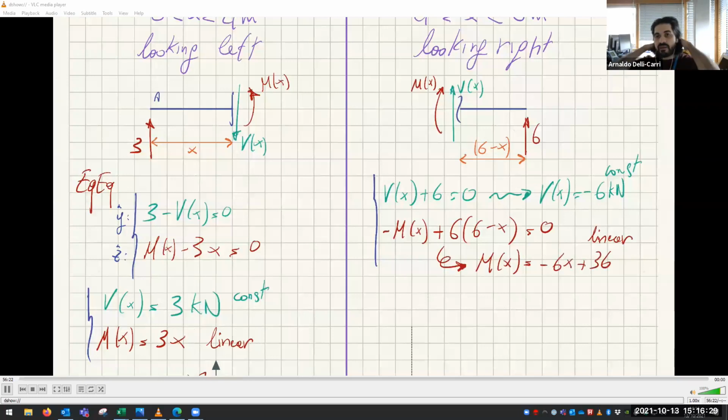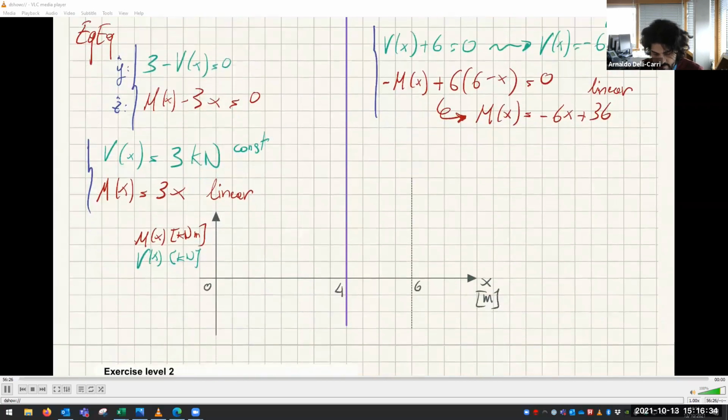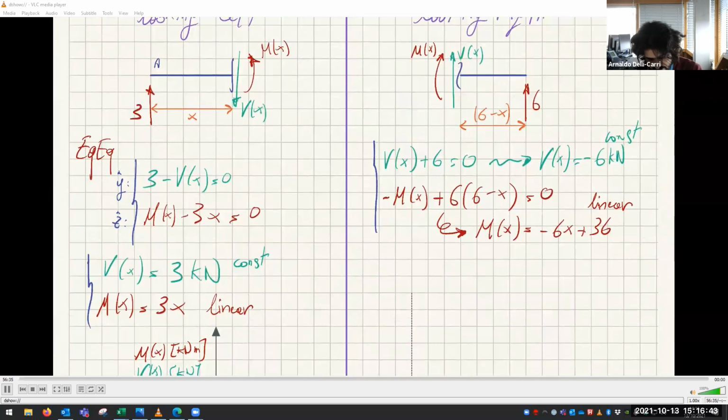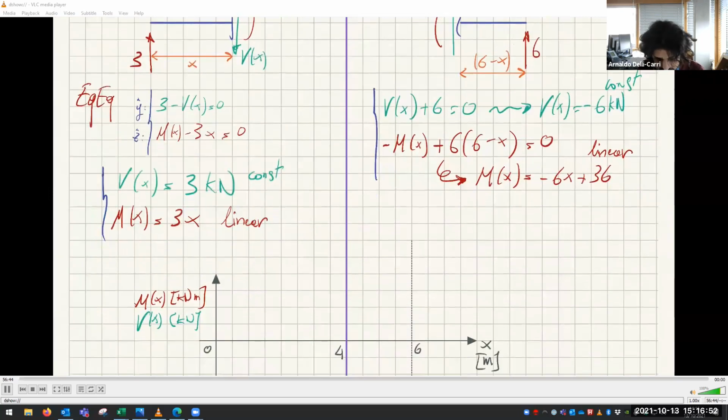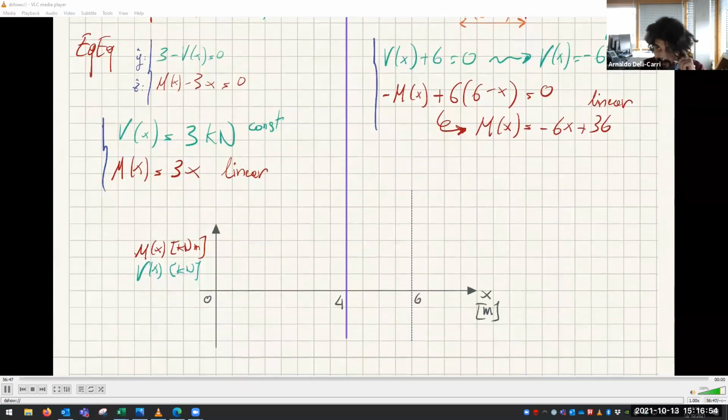Okay. Now that we have found these ones, we can draw them. We can draw them very easily because what do you need to draw a line? So how many points you need to draw a line? I think we only need 2 points. So that's what Euclid said. For every 2 points, there's only a straight line. So let's start with the shear.